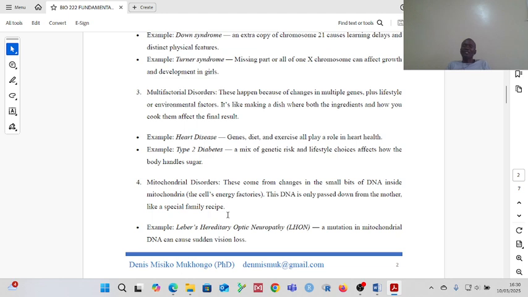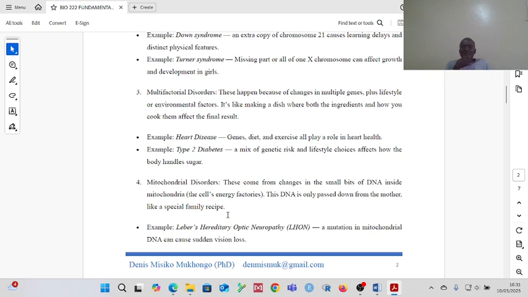So that is a mix of several factors. There are genes, there is a lifestyle choice. Then all of them interact to affect how the body handles sugar. So it's a multifactorial disorder because there are many factors that are interacting, leading to the development of such a disorder.